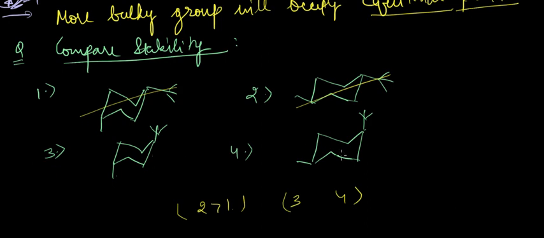So now between 3 and 4, as at least one of the substituents is at equatorial, 4 will be more stable than 3. In turn they would be less stable than 2 and 1. So this would be the correct answer.